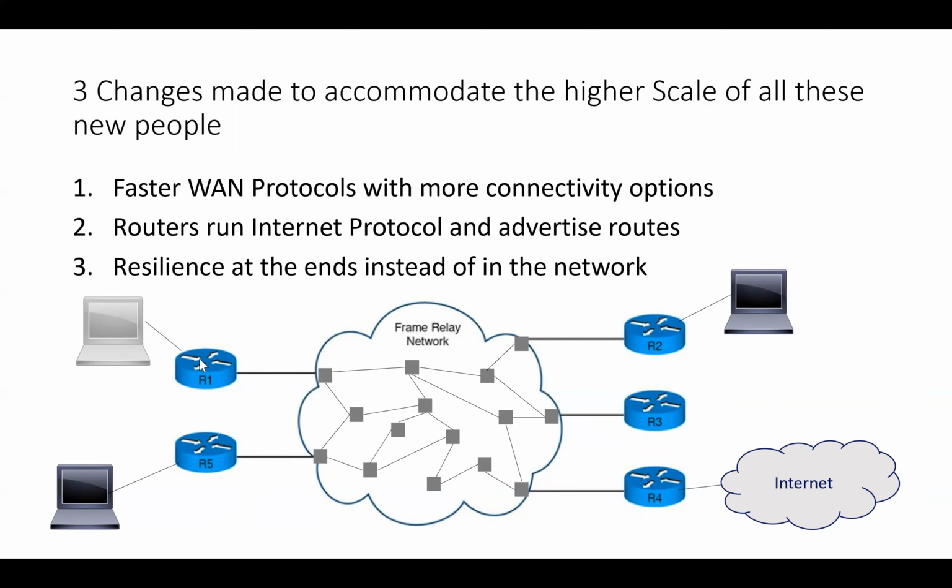And if you want to get to network 183.33, come to me. I support that network. Each of the routers would say what networks they supported and tell the other routers, and they would be able to discover the way to get to that address through the network.